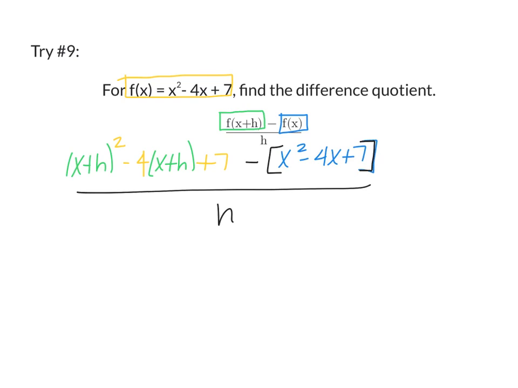And honestly, really it's just this first function that's a little funky. I'm going to do the work for this out to the side. So really this is x plus h times x plus h. Using distributive property, technically you'll have x squared plus xh plus another xh plus h squared. Usually I like to say alphabetical order, but I feel like xh is kind of the norm when we use it in math.